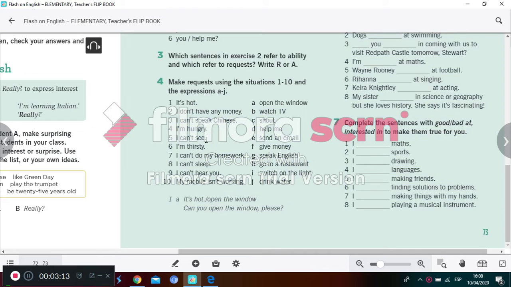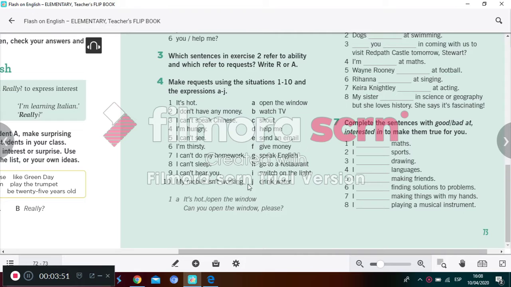For example, it's hot, you say open the window, right? So you write like this, it's hot, open the window. So in your notebooks you need to write the correct request, la petición. For example, it's hot, can you open the window please? Like this. Understood or no?